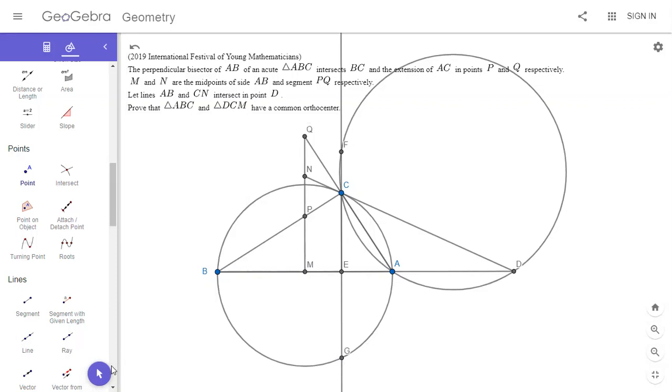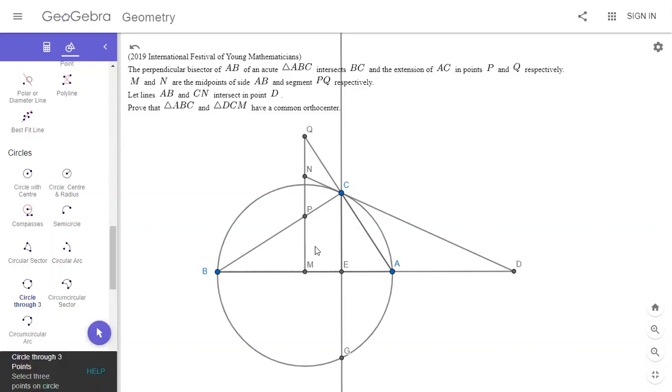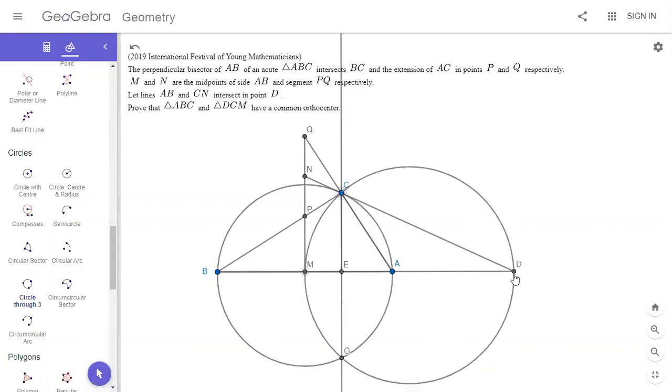Oh, DCM, not DCA. So all it's saying, yeah, once we know that these circles intersect on the altitude, we're done. And I feel like that probably should be easy. Let's see.